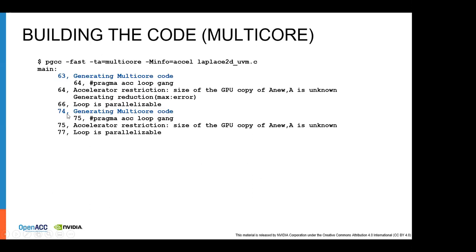The second loop at line 74 is also parallelized. This message, accelerator restriction: size of the GPU copy of nu and A is unknown, is something you don't have to take care of here, as we are generating the code for the CPU.